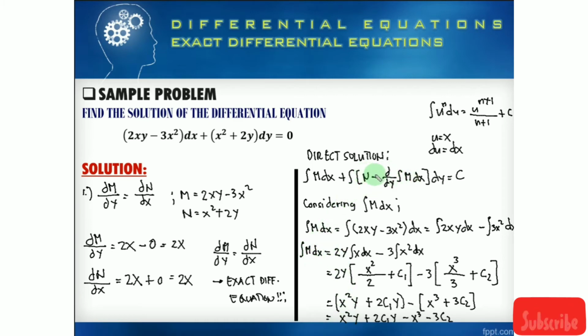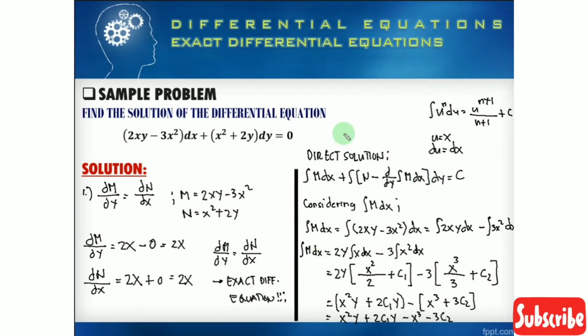So this time we will proceed to this term here, the integral of this quantity n minus the partial derivative of this integral of m dx with respect to y, and then afterwards we can solve the given differential equation.